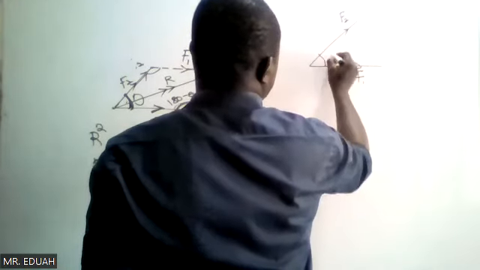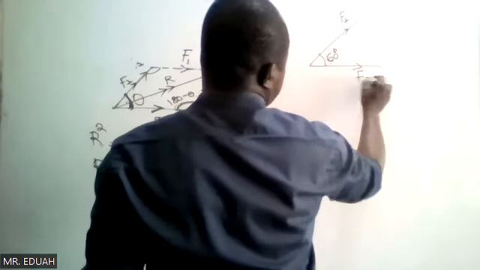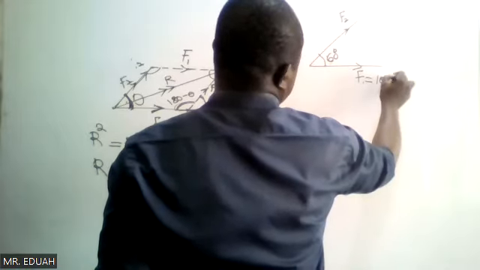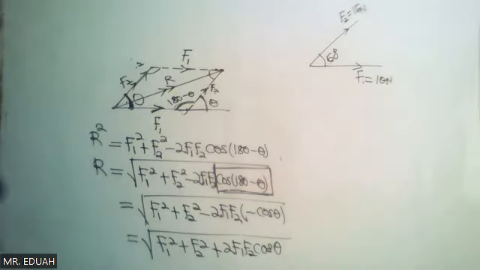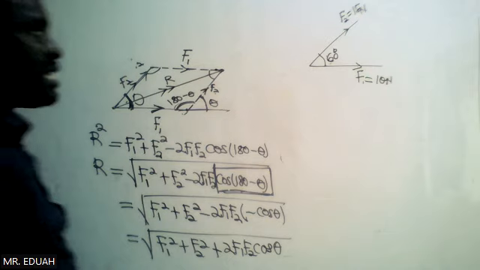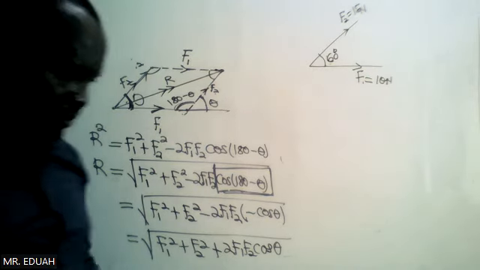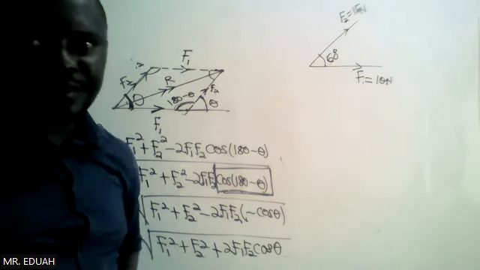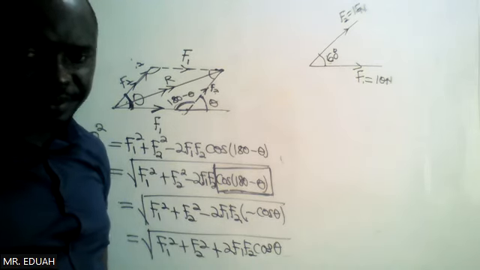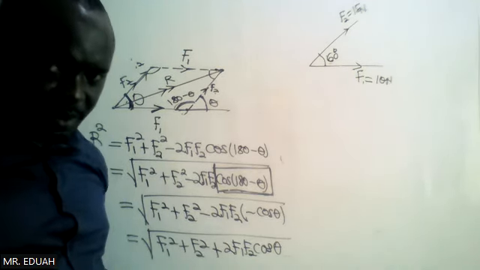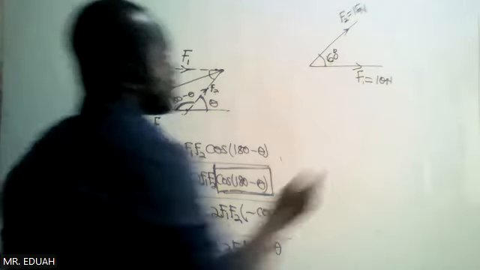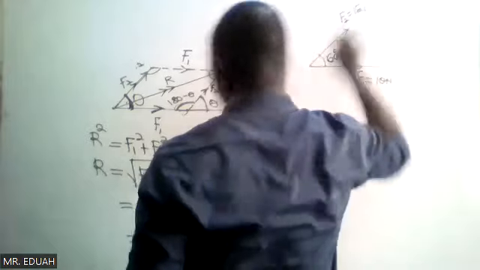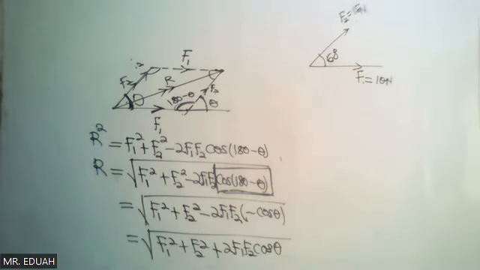So, 60 degrees is the angle between them. 10 Newton and then 15 Newton. Here, it doesn't matter which one actually comes, the order. Did you say 16 or 15? 15.